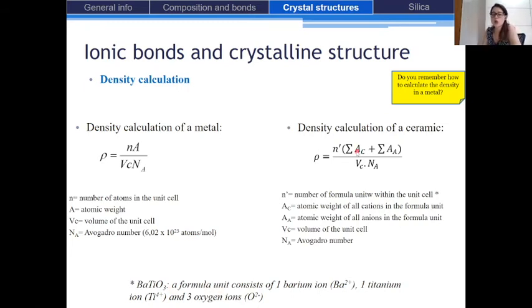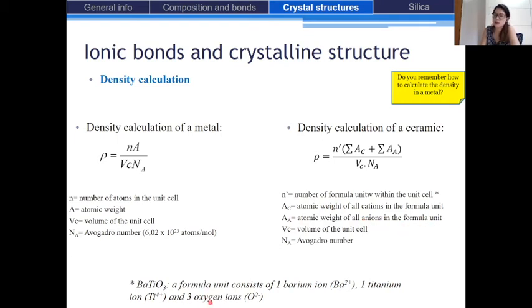Then we calculate the sum of the atomic weights of all cations. In the case of barium titanate, what are the cations? We have only the barium cation and the titanium cation, so we consider them, and we also consider the sum of the atomic weights of all anions in the formula unit.